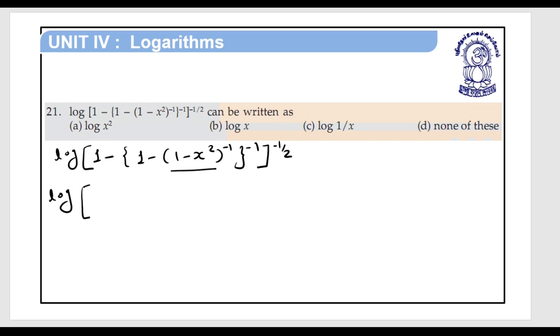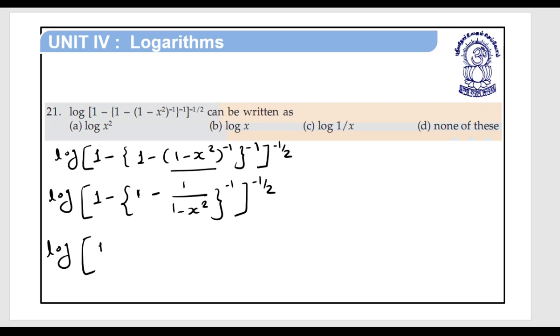Log 1 minus x square raised to minus 1. So we can write 1 upon 1 minus x square, minus 1 half. So log 1 minus x square, minus 1 upon 1 minus x square raised to minus 1, minus 1 half.